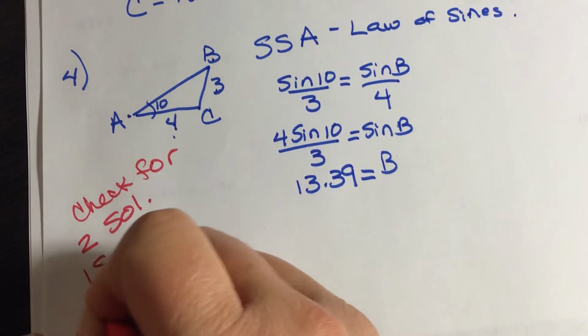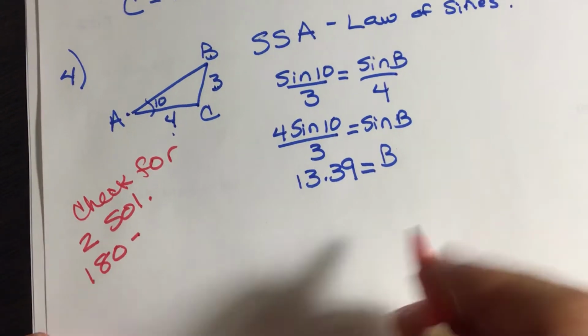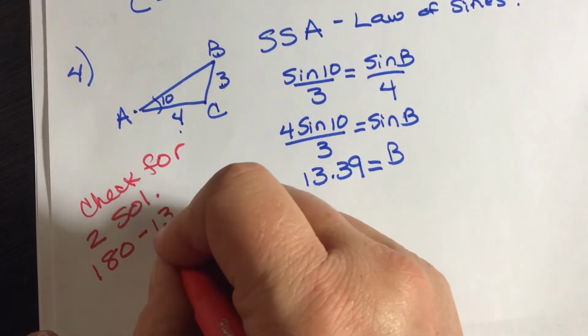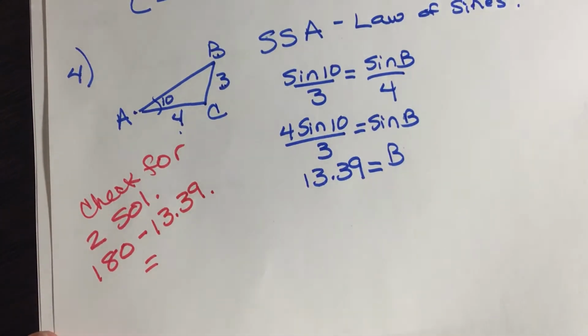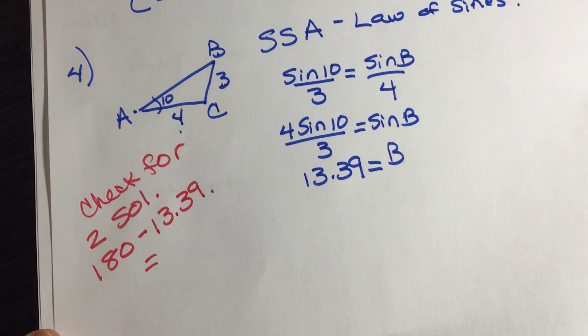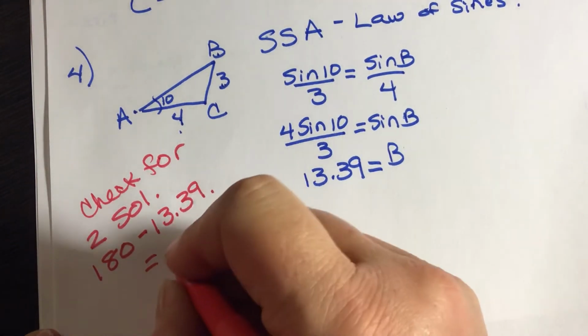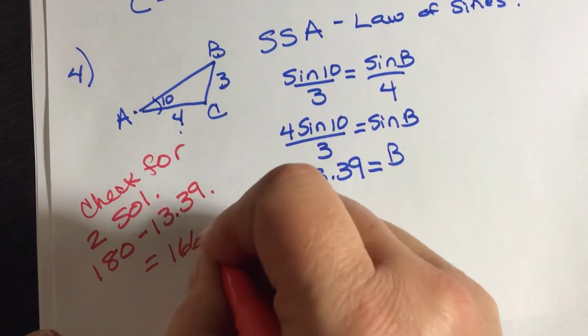So if I take the supplement of 13.39, 180 minus 13.39 is 166.61.